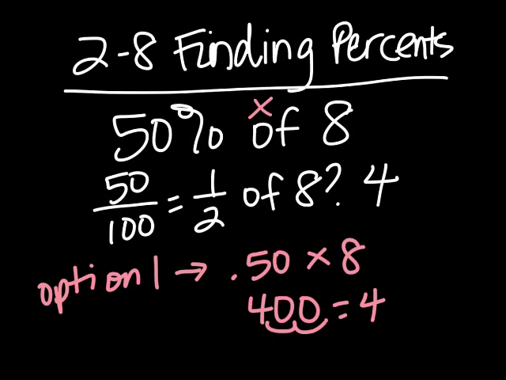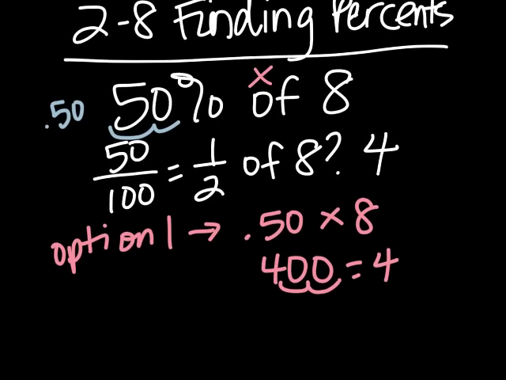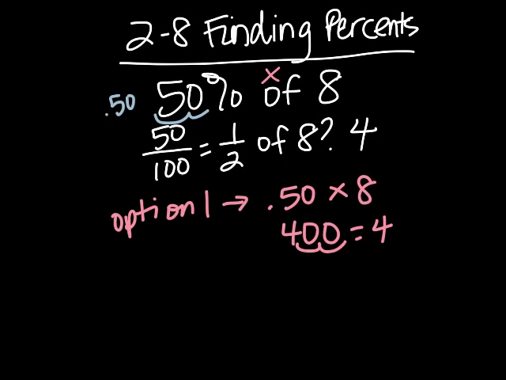Now, another way you could do that is knowing that you're always going to be moving your decimal to the left 2 spaces on a percent. You're always going to be dragging that back because remember it means out of 100, so it's 50 hundredths, right? It's 0.50. You can actually just multiply your percent by that number and drag it back at the end.